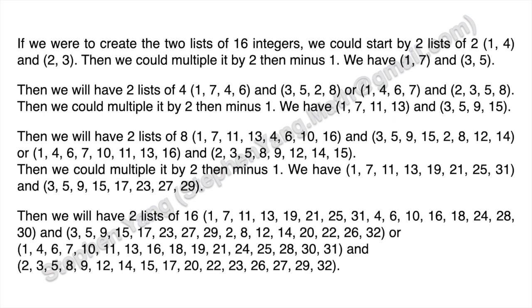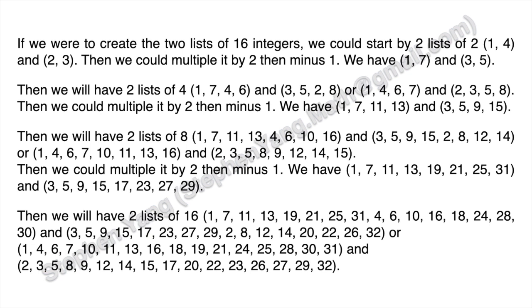So then we'll have two lists of 16: 1, 7, 11, 13, 19, 21, 25, 31, 4, 6, 10, 16, 18, 28, 24, 30, and 3, 5, 9, 15, 17, 23, 27, 29, 2, 8, 12, 14, 20, 22, 26, and 32.